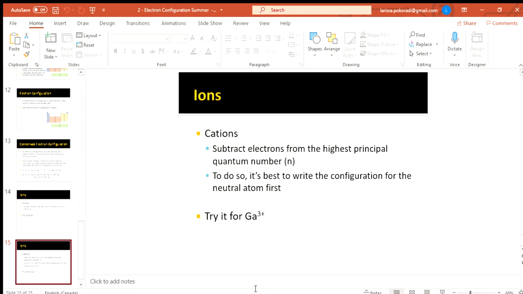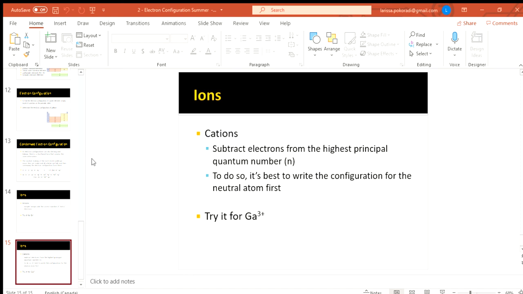It gets a little bit different, and hopefully you wrote down gallium last time we actually did it, when you're taking away electrons, because there's a special way to do that. We need to take from the highest principal quantum number, so the highest n. So the way I do it, at least, would be to write down the neutral way first before taking them away. And so what we've seen, if we're taking away from the highest n, we've seen sometimes that the s's might be higher in n number than the d's, right?